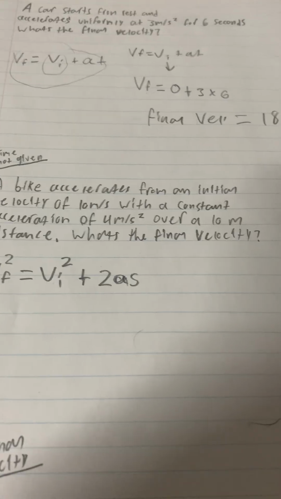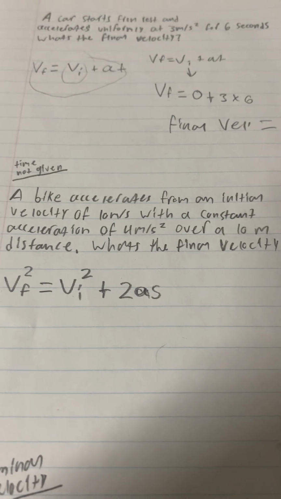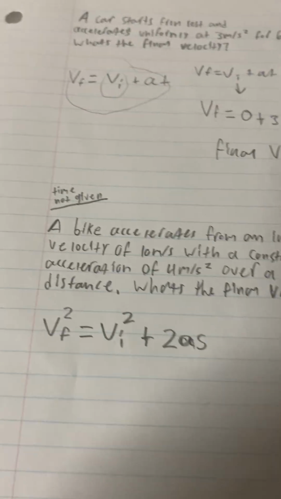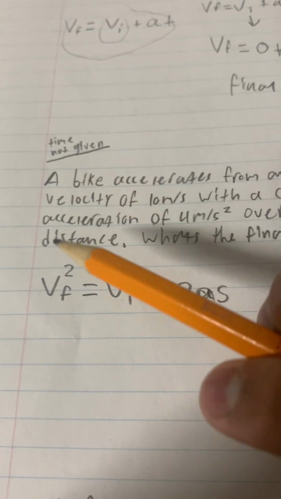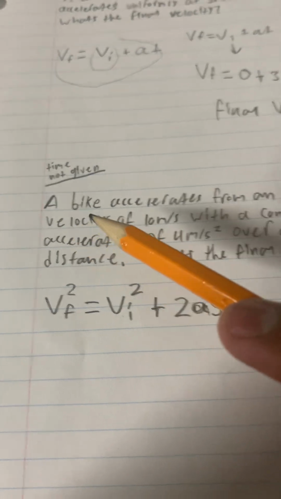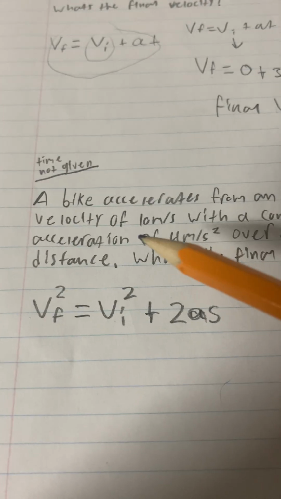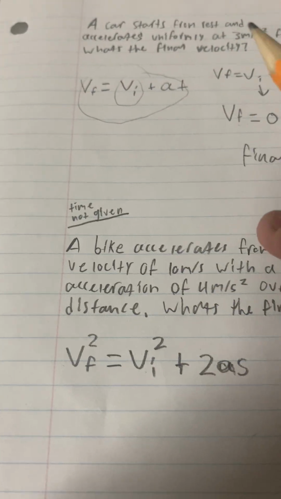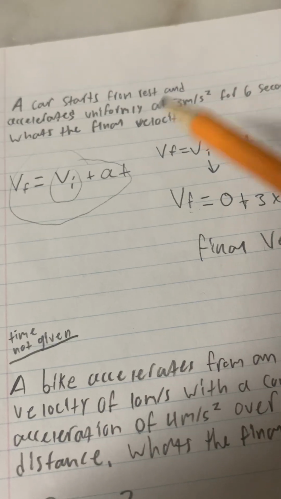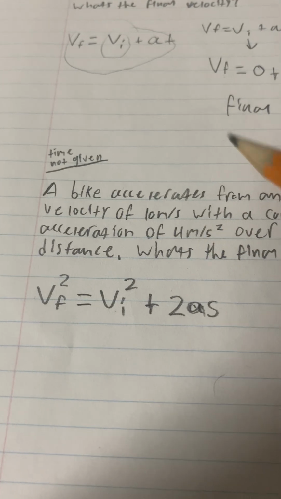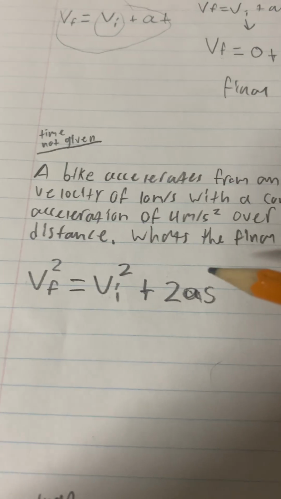Now, something I'm going to teach you here is that occasionally, before that, I'll reread through the problem. A bike accelerates from an initial velocity. Remember initial velocity? Sometimes it'll be written as rest if it's 0. Other times it could be written as initial velocity of 0.